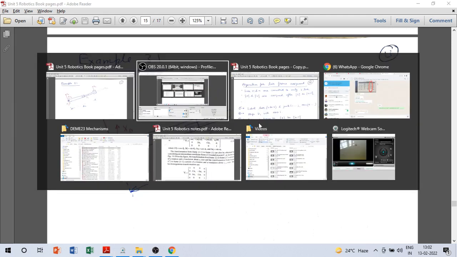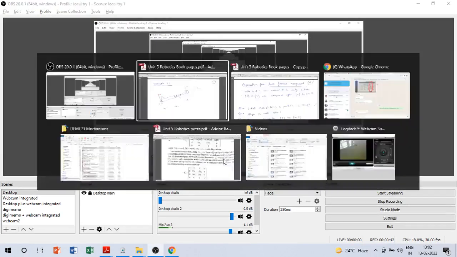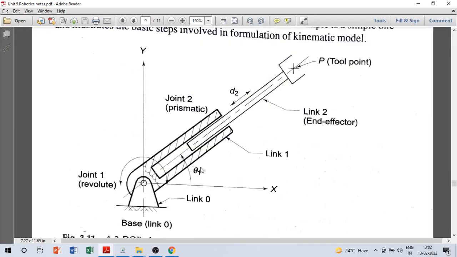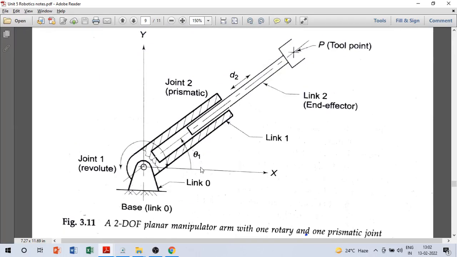Let me show you the figure for example 3.1. So what you see here is a 2 degree of freedom planar manipulator arm with one rotary and one prismatic joint.